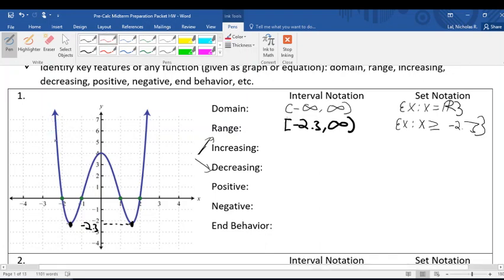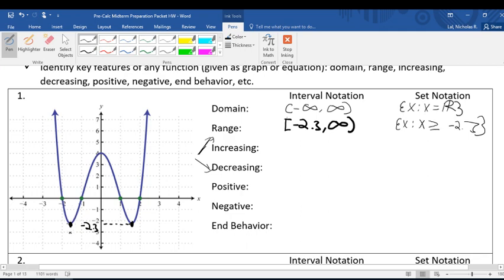Right now, the cursor is decreasing as it is going down. Now, as I hit this turning point right here, it starts increasing, then it's going to be decreasing, increasing. So let's map out those intervals.